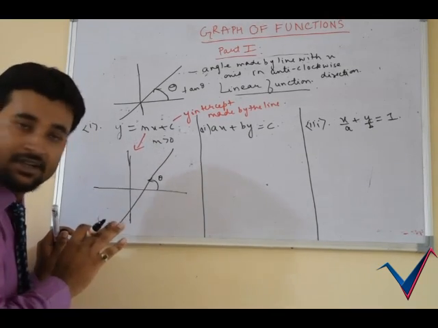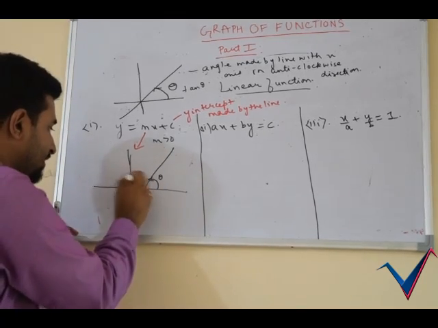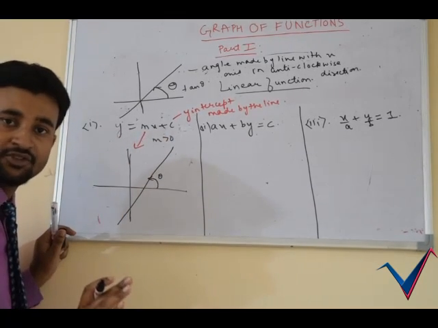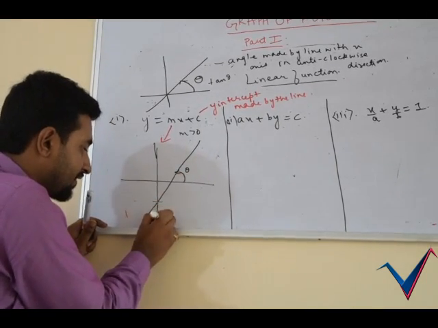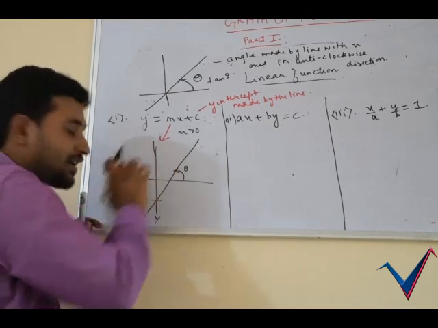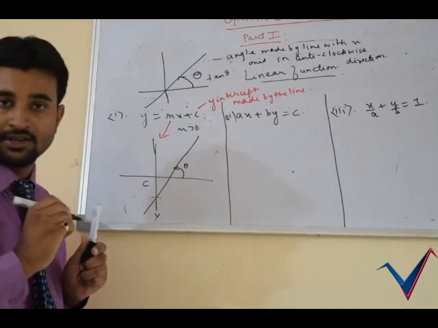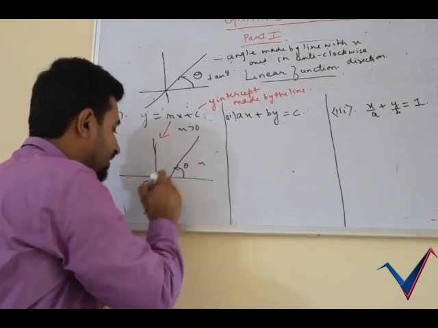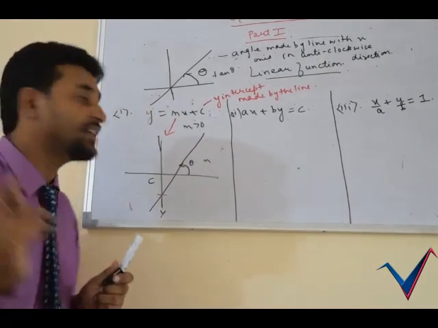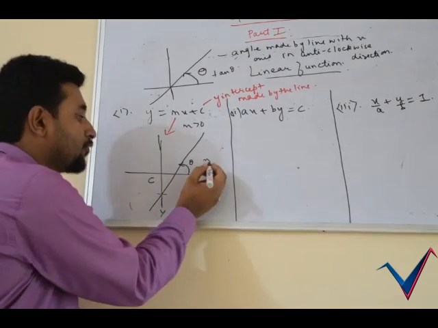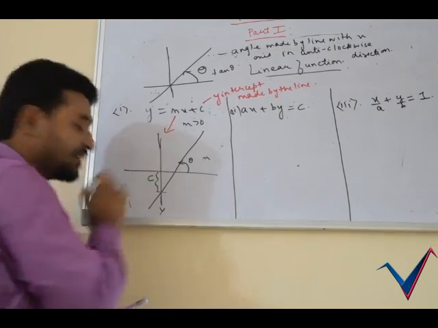Tan theta is the slope, and as you can see, theta is less than 90 degree, because 90 degree is this one, and this angle is less than 90 degree. And the line intersects y-axis here. So this is the y-intercept made by the line. We call it as c. So this was m and this was c. So whenever you are given an equation of the form y equal to mx plus c, the graph would look like this. We have to focus on two basic parts. First one is m and the second one is c. c is simply this distance.